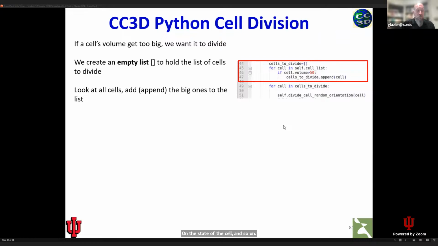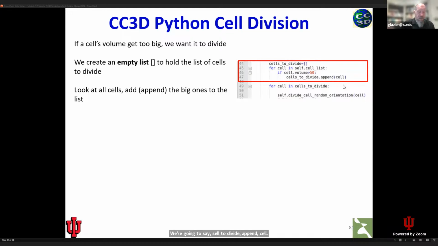The next thing that we're going to do is we're going to say the cells are going to divide sometime. We're going to create an empty list. If you were here yesterday, maybe you'll remember empty lists, to hold the list of cells that are going to divide. We're going to run through all the cells. If their volume is bigger than 50, that's pretty arbitrary, we're going to say cell to divide dot append cell.